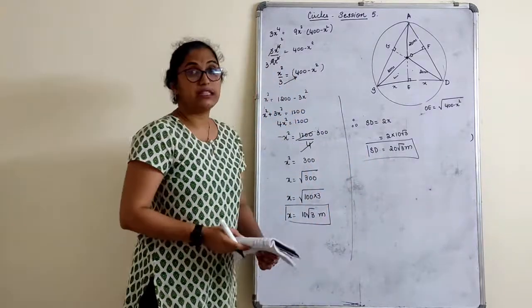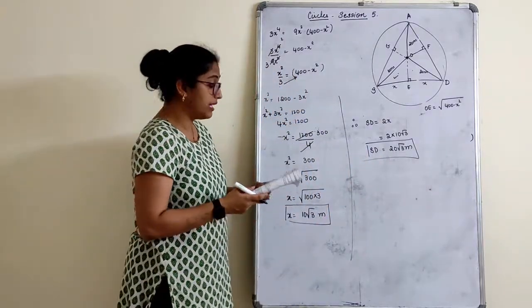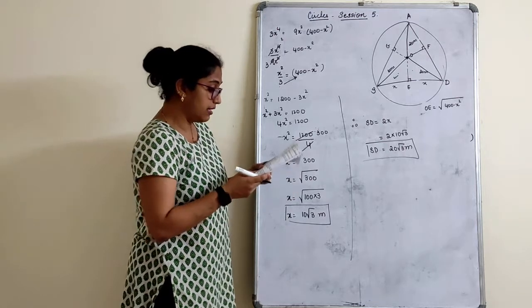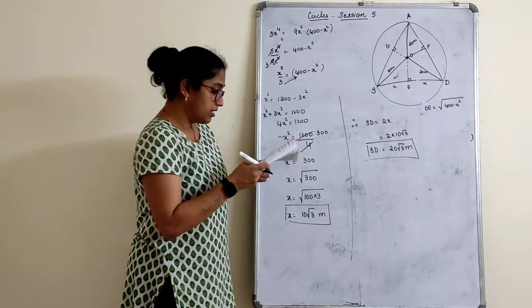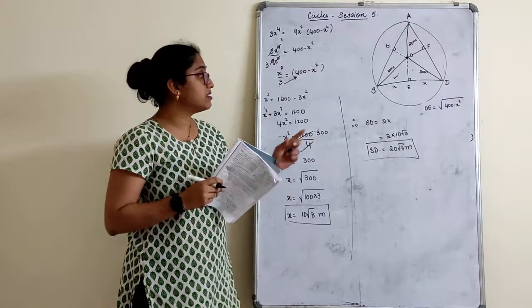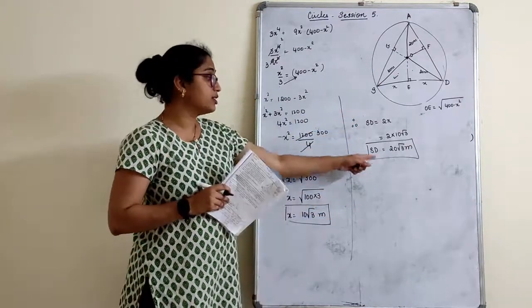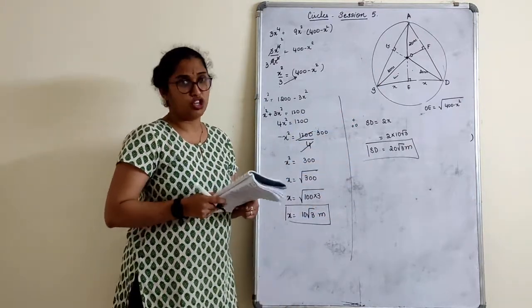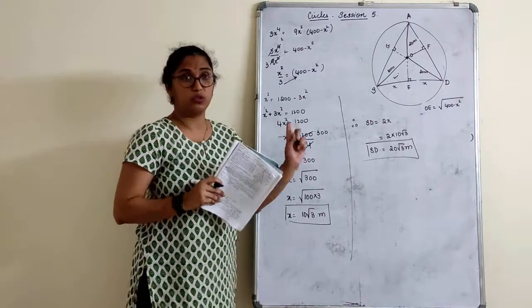Therefore, distance between Syed to David and David to, who's that? Next person, another person, Ankur, and Ankur to Syed, distance between them, telephone wire, is 20 root 3 meter, and that's your answer. No simplifying further with root 3 again.